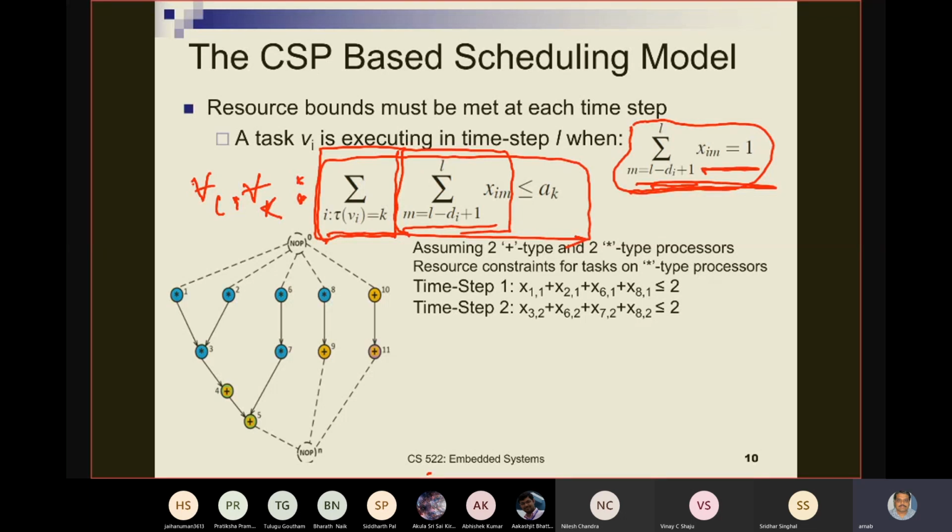Provided my dependency constraints and my unique start time constraints are satisfied, then x61 or x62, anyone could be true. So x62 could be true. But the constraint says that x32 plus x62 plus x72 plus x82 has to be less than or equal to 2. Are you with me?